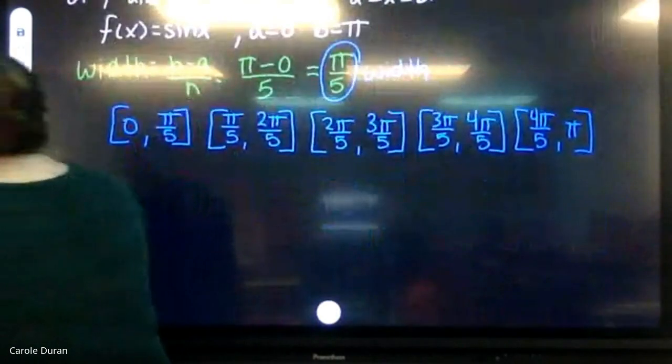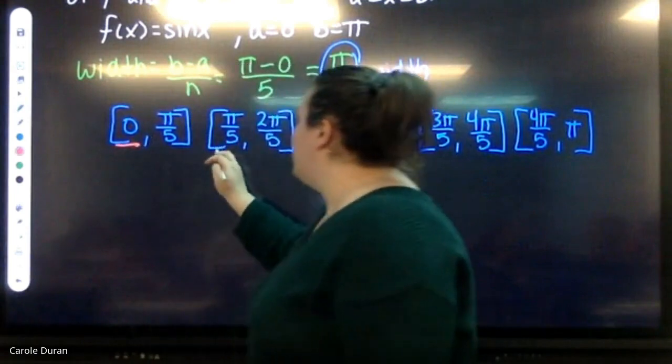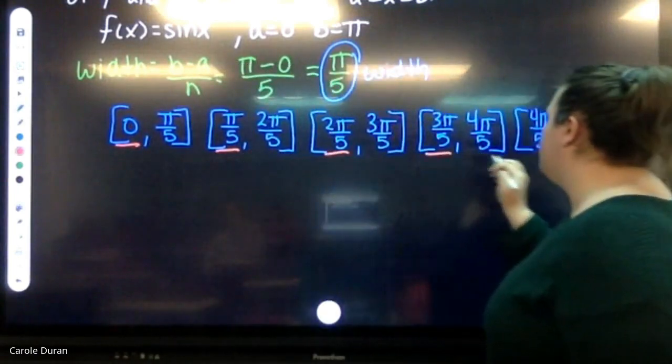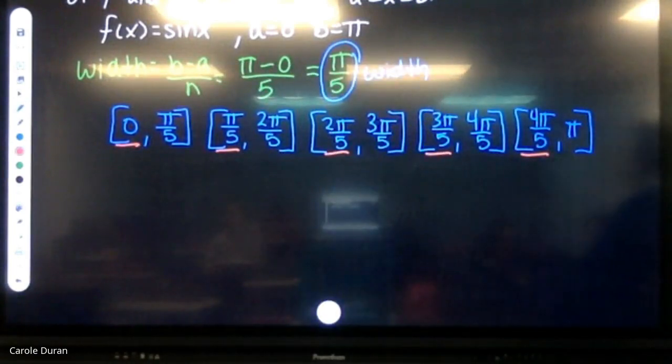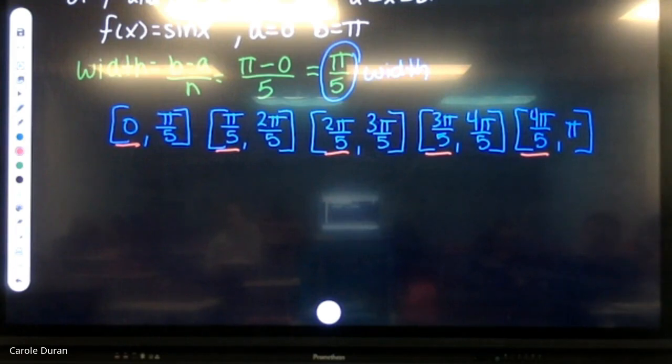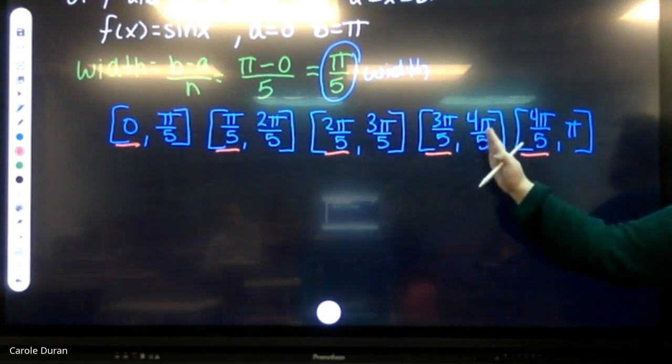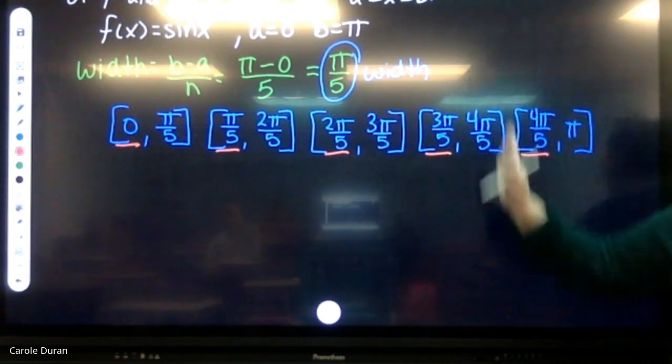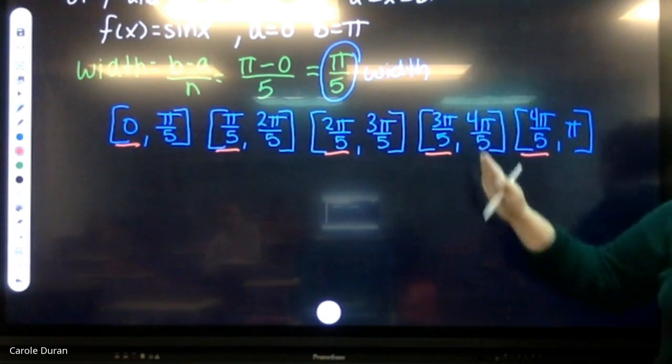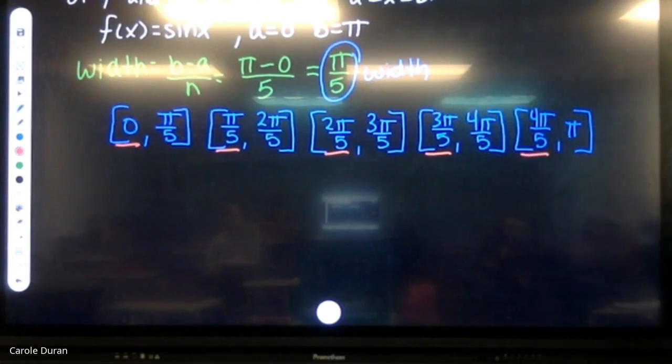Which means in each of these intervals, I'm only using that leftmost endpoint. So 0, pi over 5, 2 pi over 5, 3 pi over 5, 4 pi over 5. It's no different than drawing a rectangle that goes from, say, 3 pi over 5 to 4 pi over 5, and my left side of that rectangle is on 3 pi over 5. So that's my left rectangular approximation.